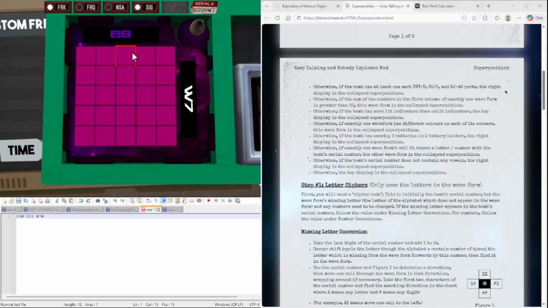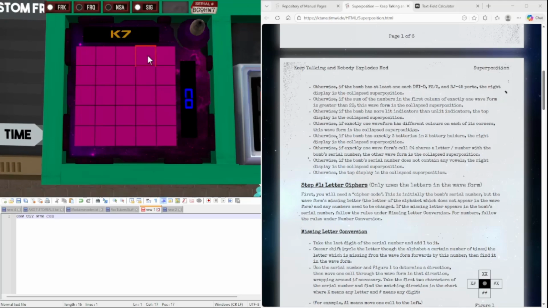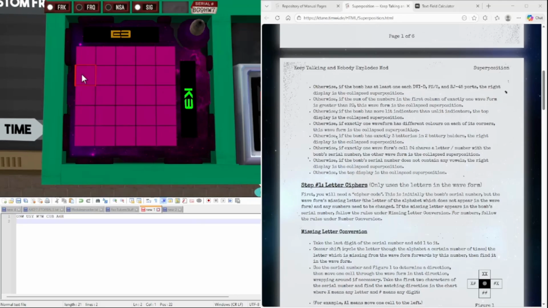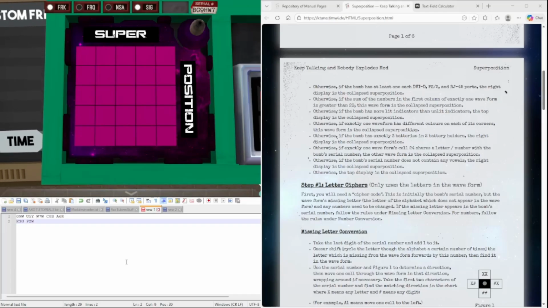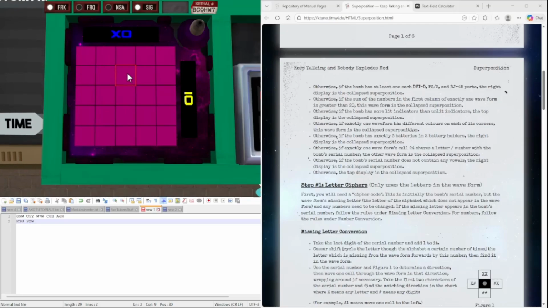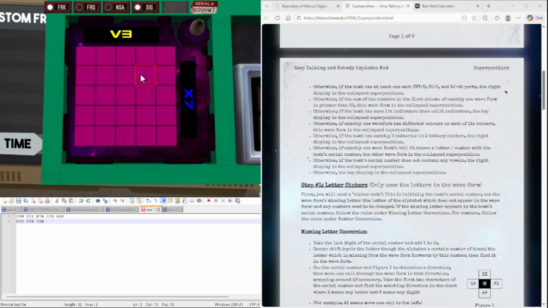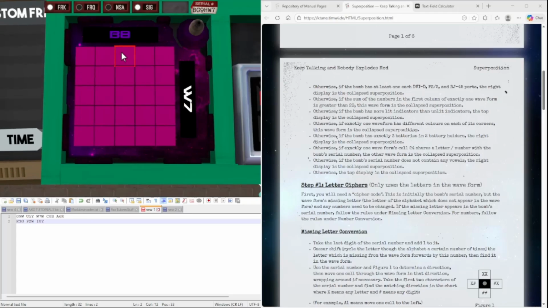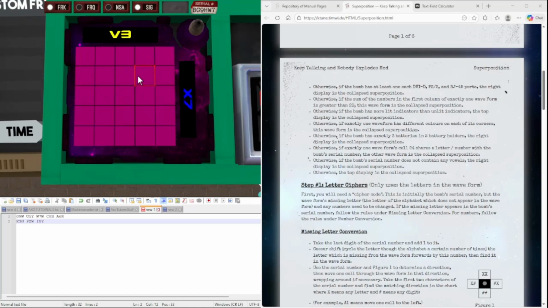So C0 blue, A6 red, K1 green, P2 white, I0 white, was it? Yellow. Blue, red, green, white, yellow, yeah.